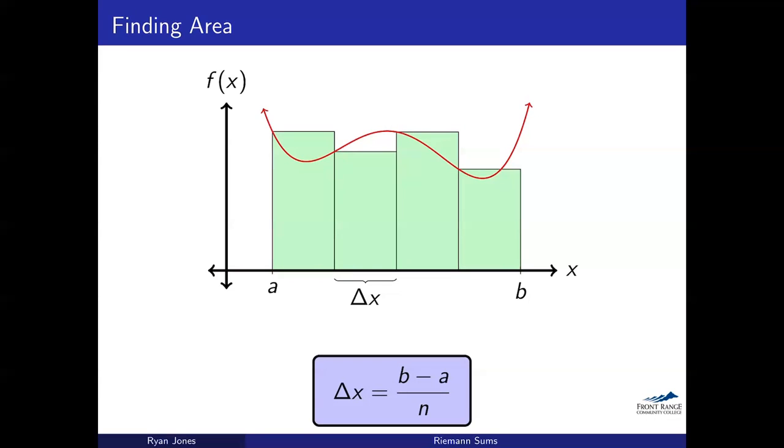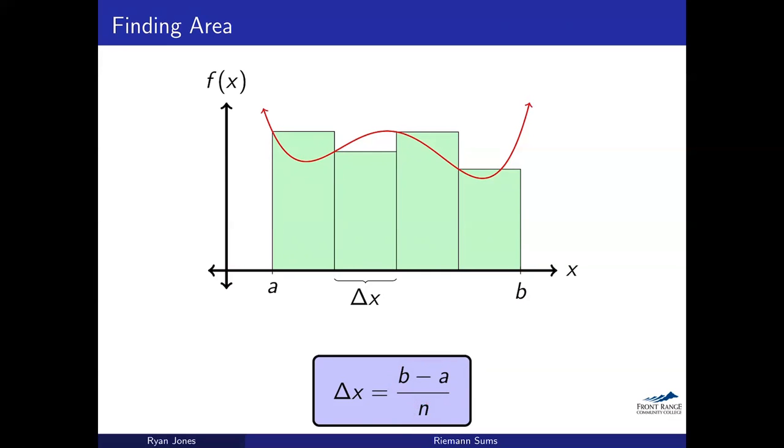And so what we're going to say here is this width is going to be b minus a divided by the number of regions that I desire. In this case, 4, the way I've graphed it. But if you wanted 48 regions, you could do it. If you wanted 16 regions, you could do it. If you wanted 3 regions, you could do it.